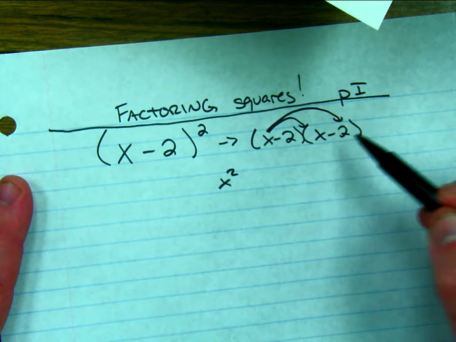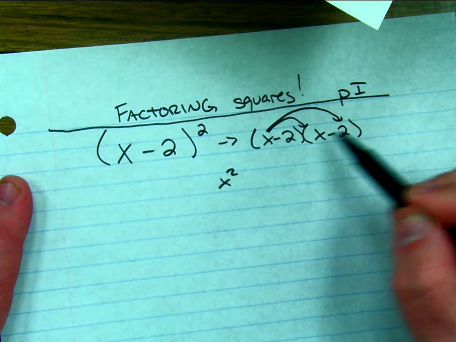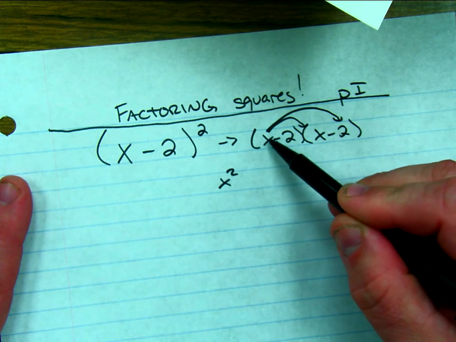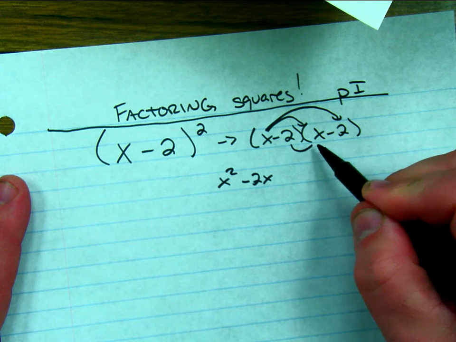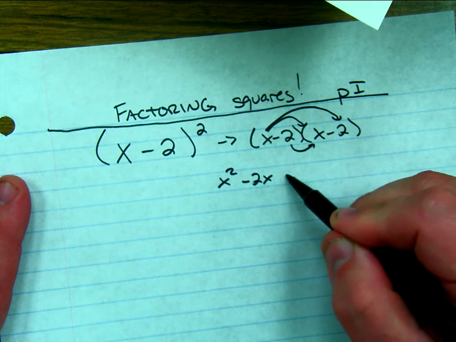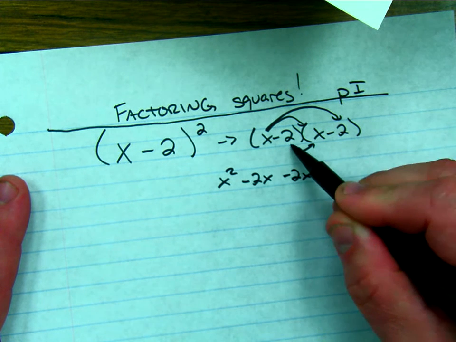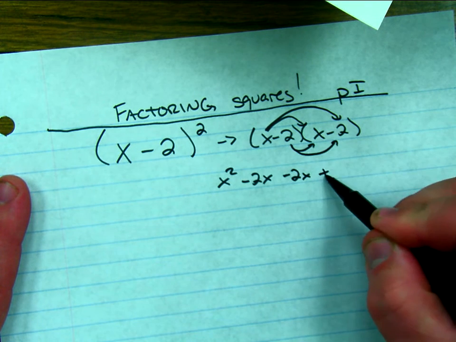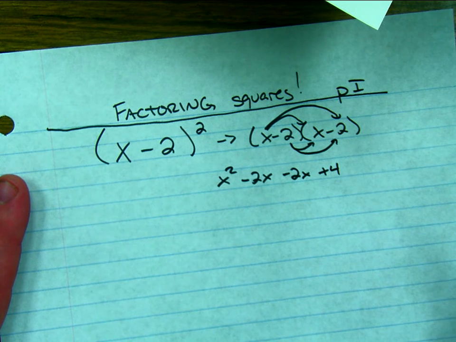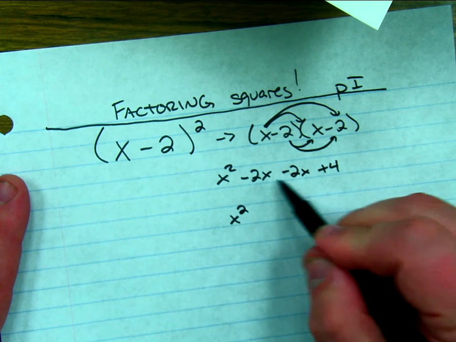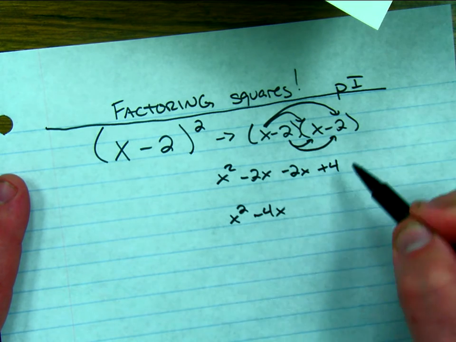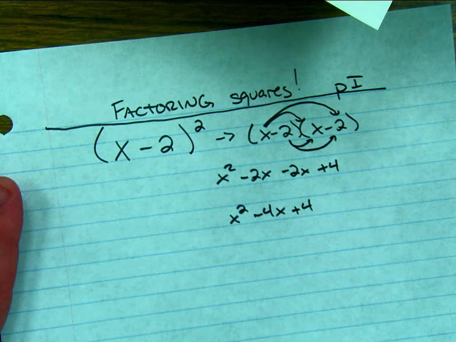My outsides, negative 2, make sure everything keeps its sign, negative 2 and the x make negative 2x. The insides, again, I have a negative 2 with an x, minus 2x. Finally, I have a negative 2 times a negative 2, which is a positive 4. As always, the middle terms combine, so I have x squared, a total of negative 4x, plus 4.